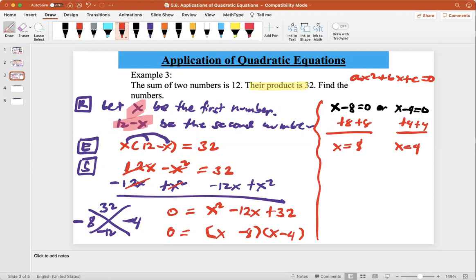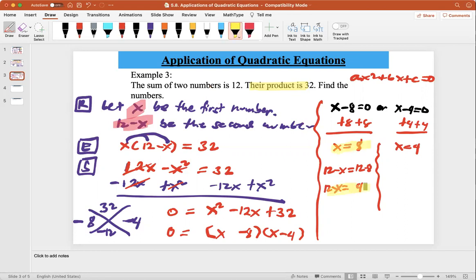So if x is equal to 8, remember in your representation, your x is 8, the first number. We also need to find the second number. That's 12 minus x, right? What's 12 minus 8? 4. That's 12 minus x.